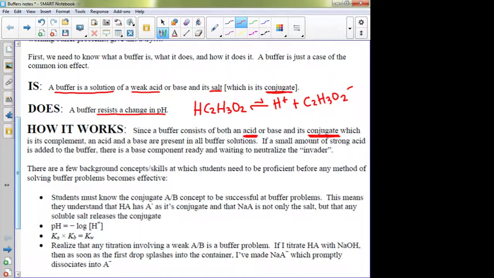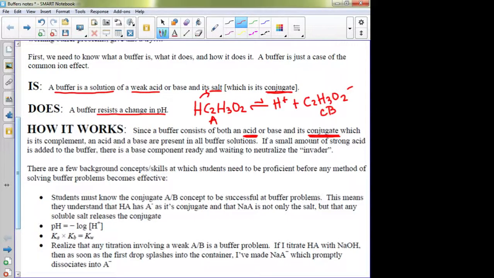You with me? Okay. So this is my acid. When this hydrogen dissociates off, this ion then becomes my conjugate base. Do we see that? Yes? So if I've got my conjugate base in solution, what's happening is I have an acid in here and I have a conjugate base in here.